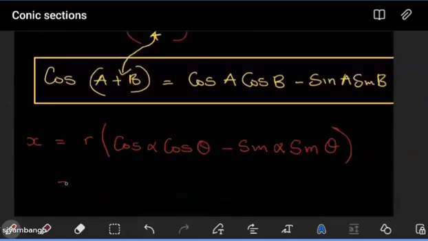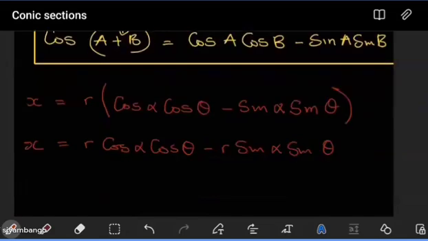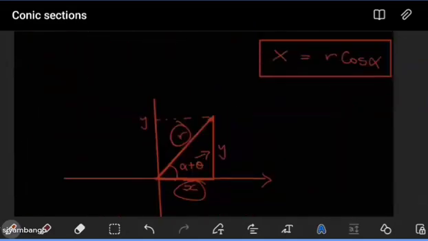So this is where we are now. Notice that this reduces to just r cos alpha cos theta, minus r sine alpha sine theta. Now, the final piece of the puzzle involves you recalling what we isolated first.